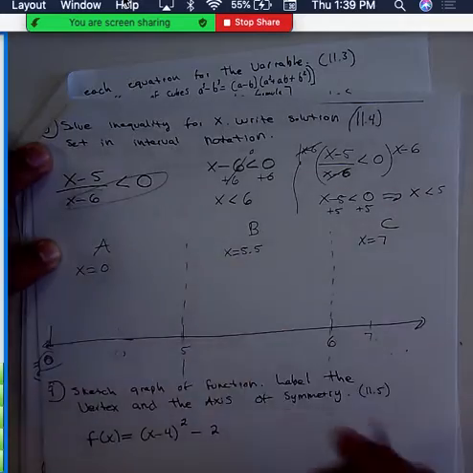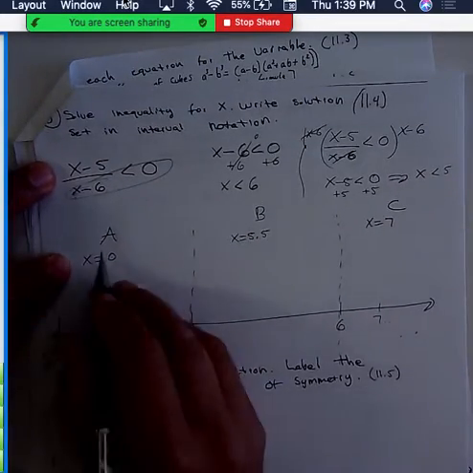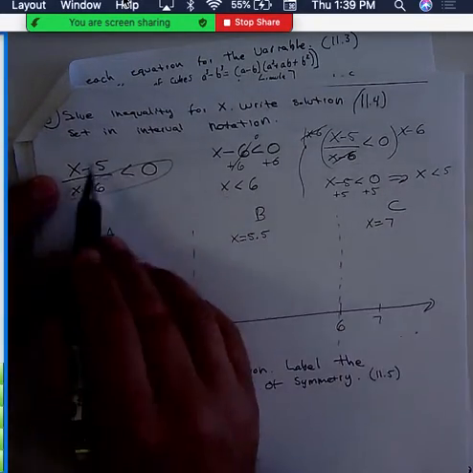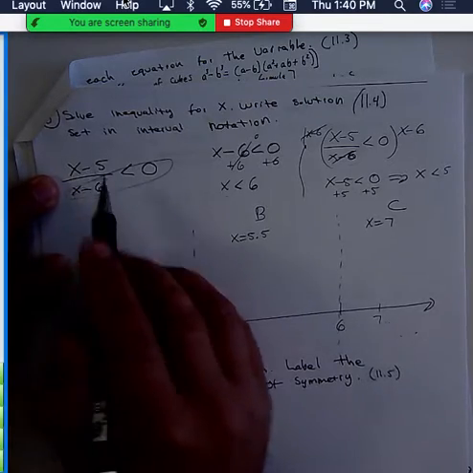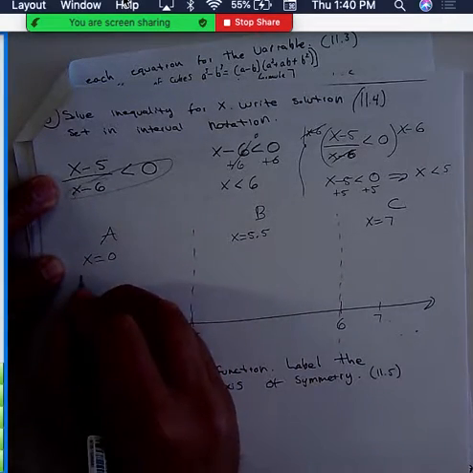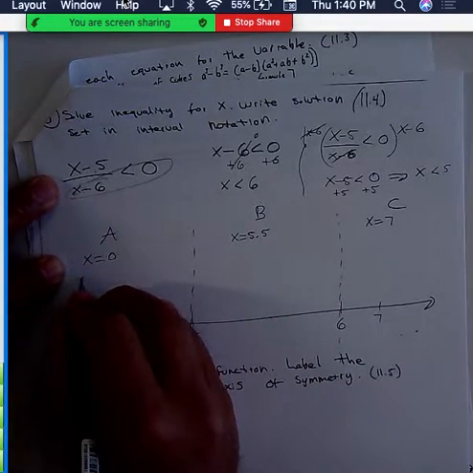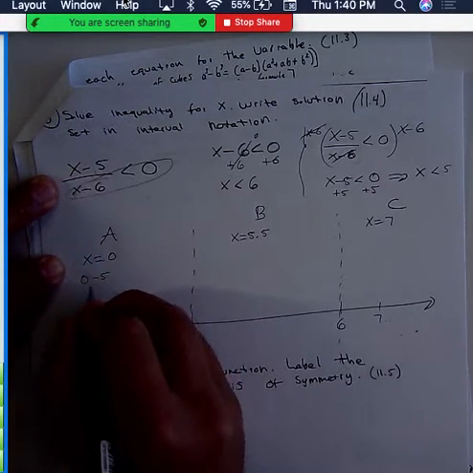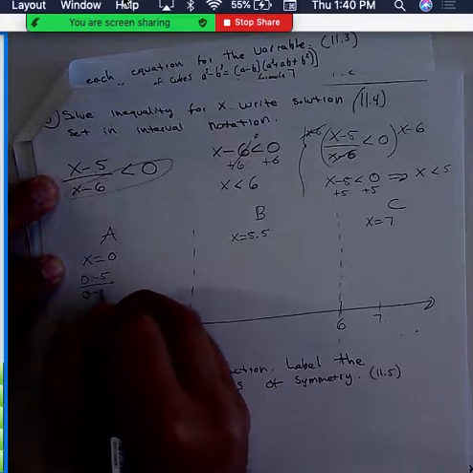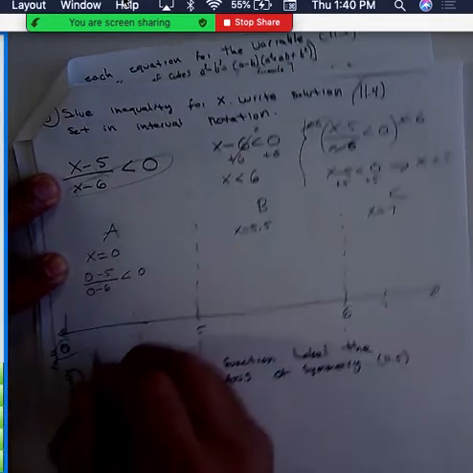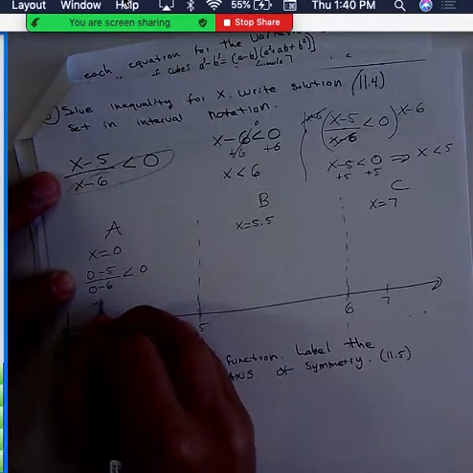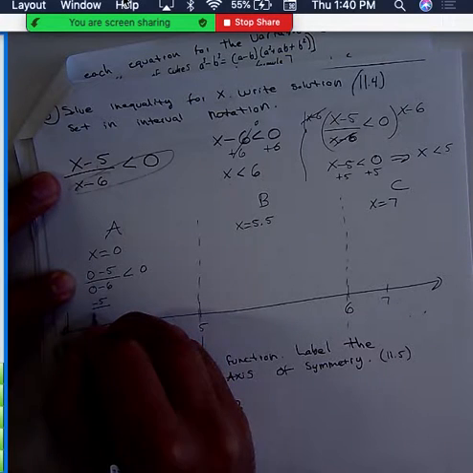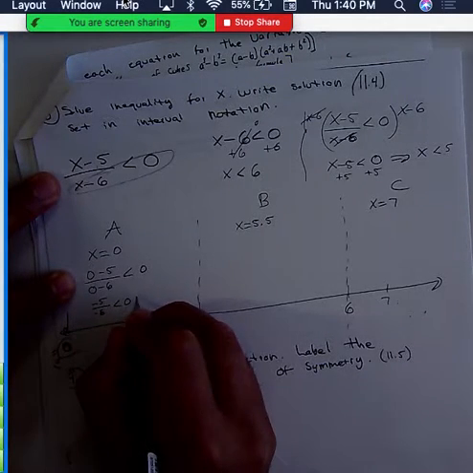I'm going to check each region. So 0 minus 5 over 0 minus 6 less than 0. So this becomes negative 5 over negative 6 less than 0.